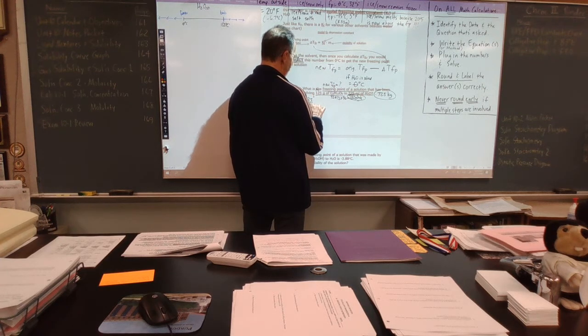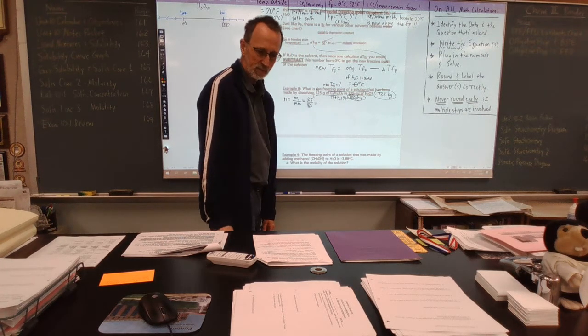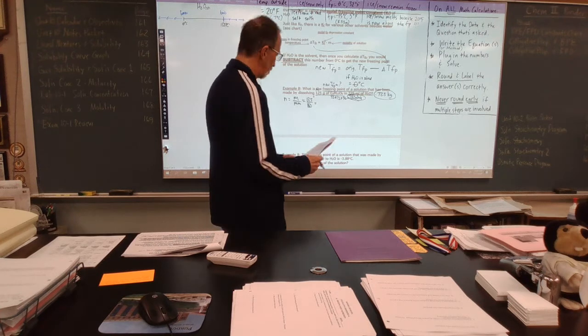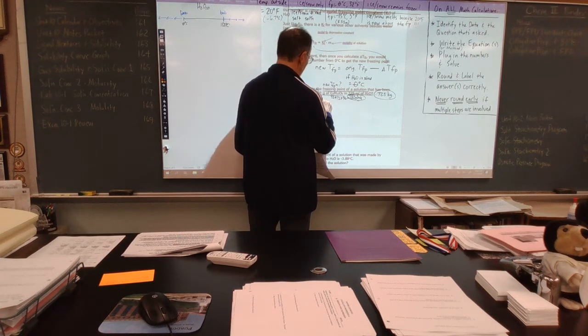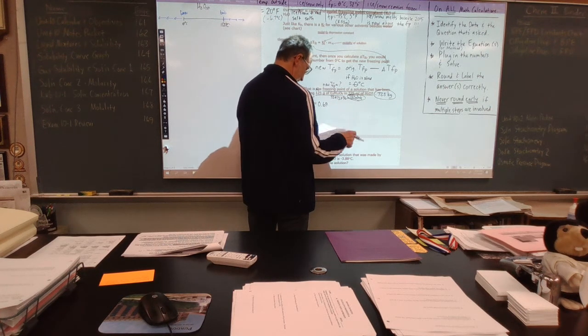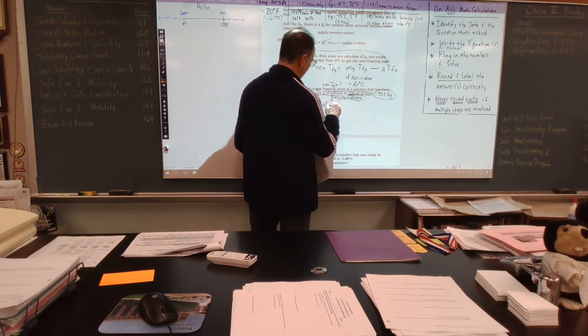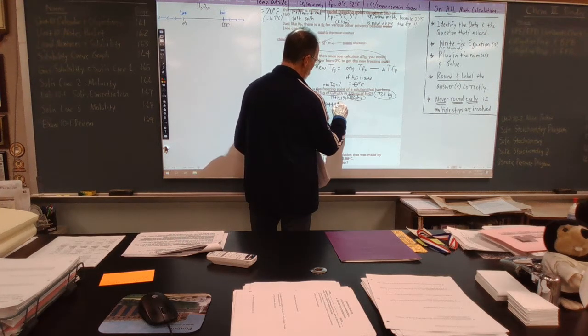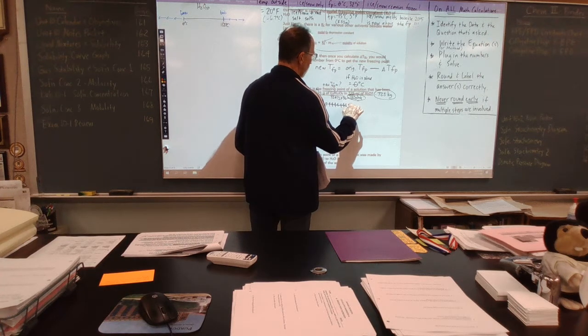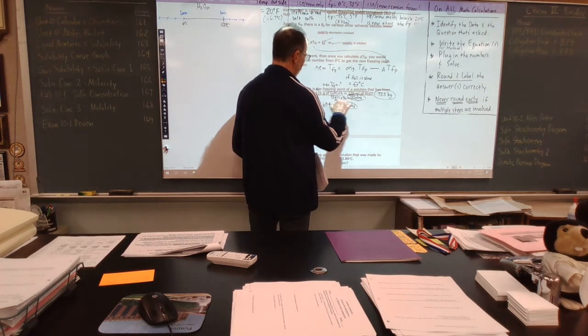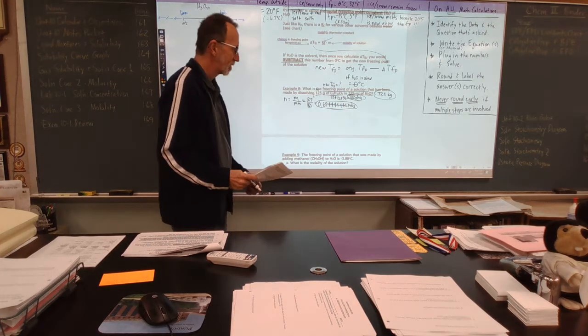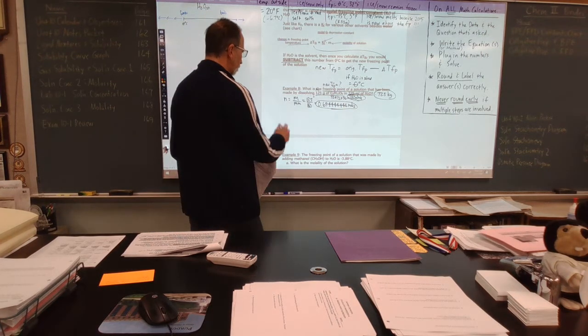So 125 over 180. This will not be rounded because it's an intermediate calculation. 0.6944444, that's how many decimal places my calculator goes out. So there's the number of moles, unrounded.